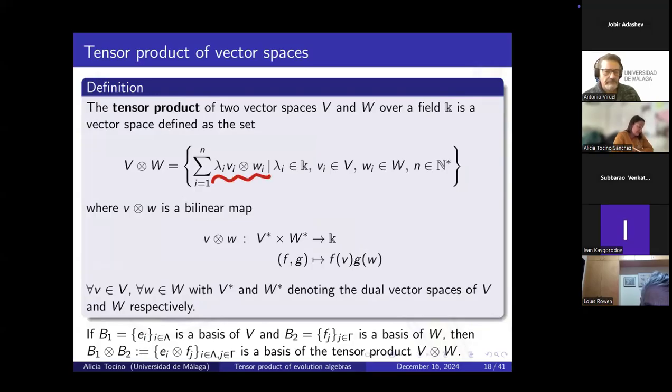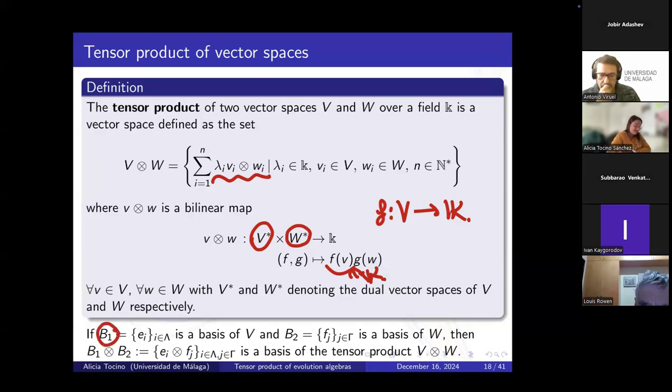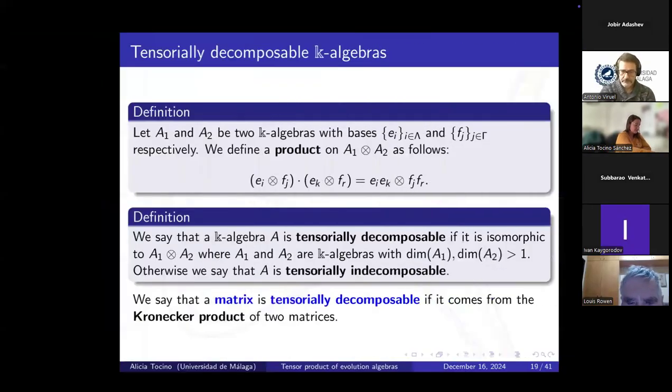Here we have the dual space of these vector spaces, so f goes from V to K, and this is an element in K. And if we have B1 a basis of V and B2 a basis of W, then we can construct the basis of the tensor product in a natural way as these ones.